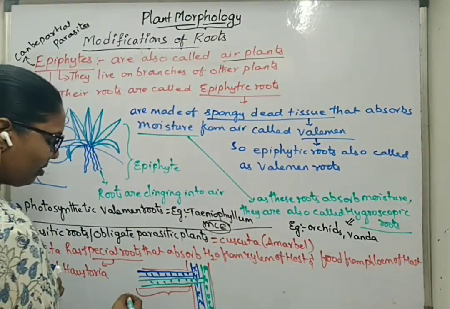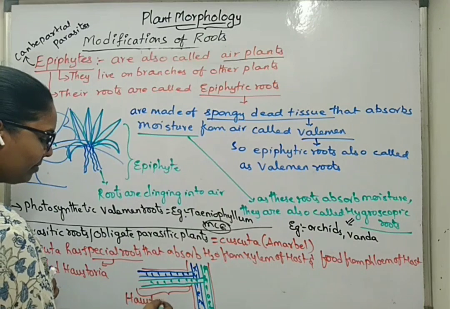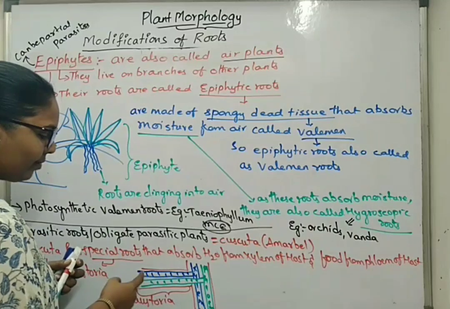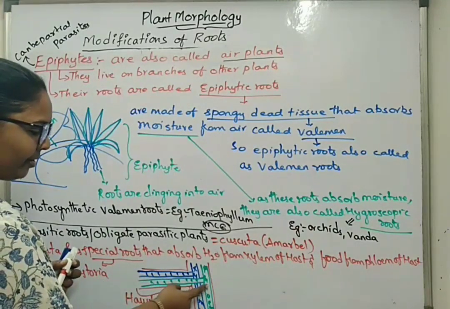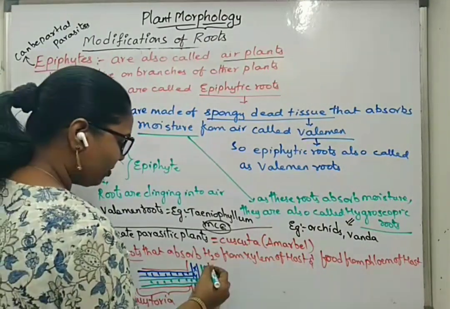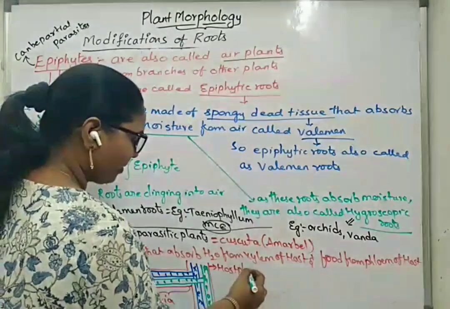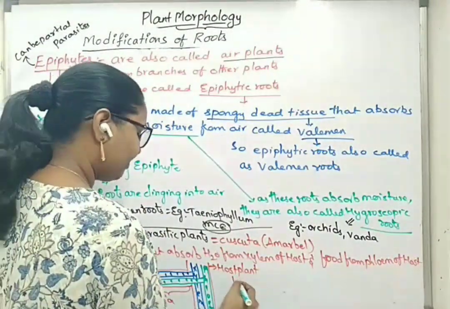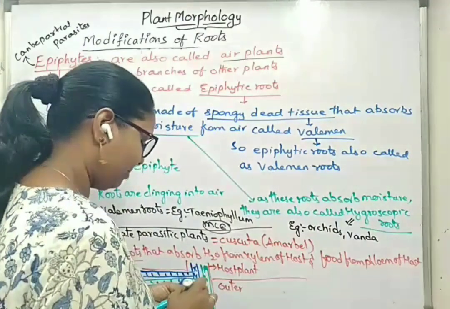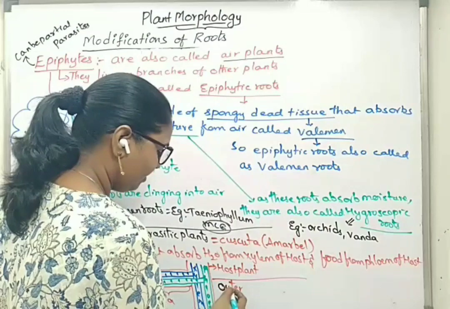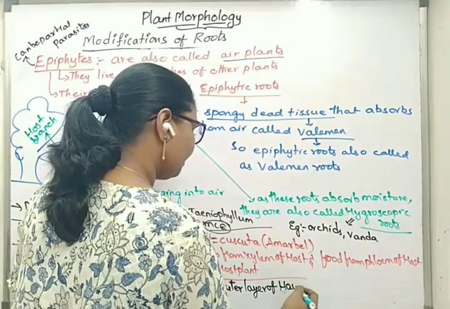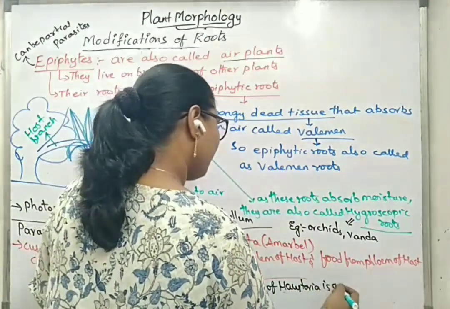So this total root is called haustoria. Means from xylem water is entering into cuscuta. From phloem food is entering into cuscuta. So now we'll mention this is host plant. We'll write outer layer of haustoria is outside host.